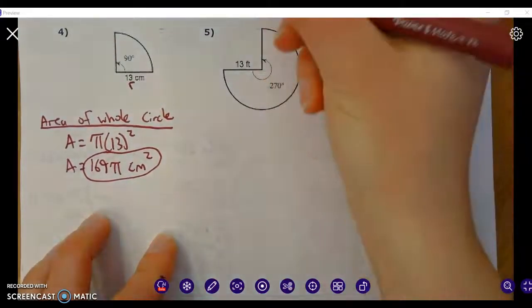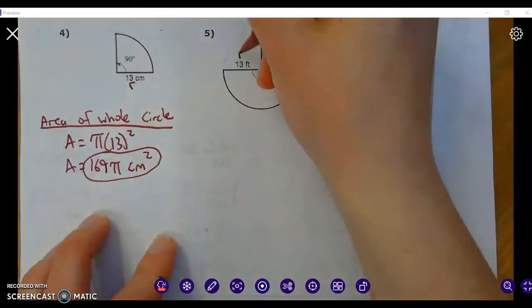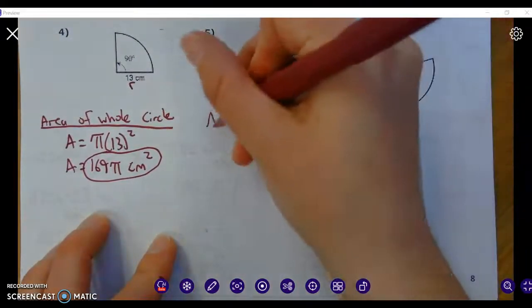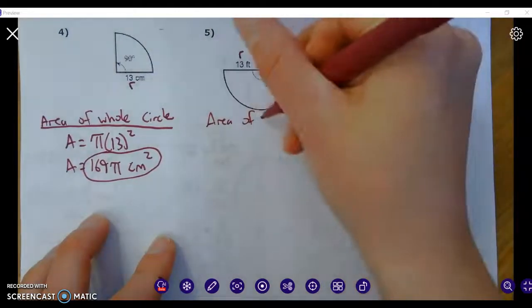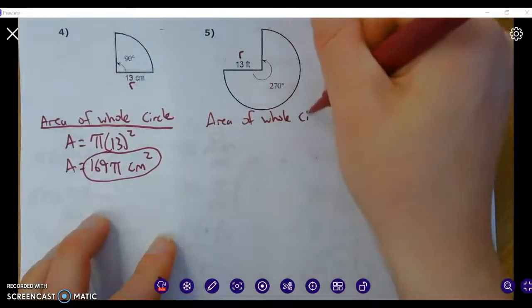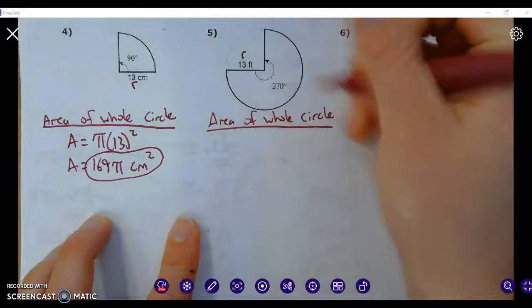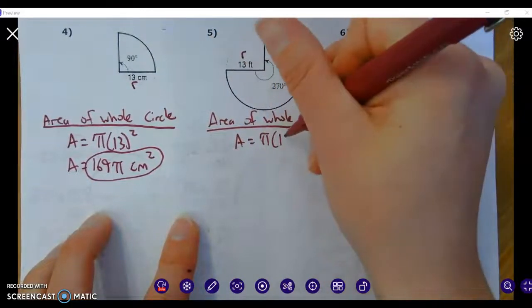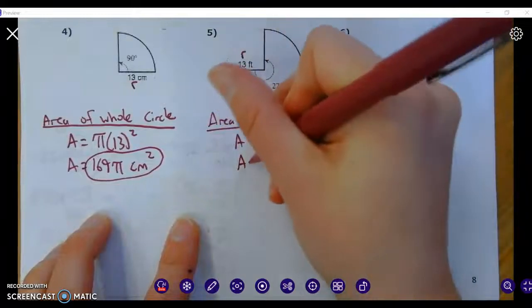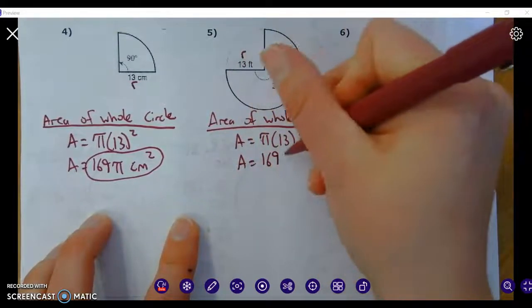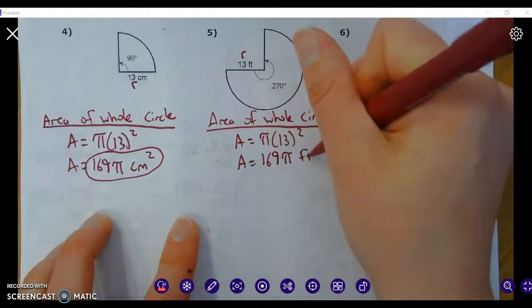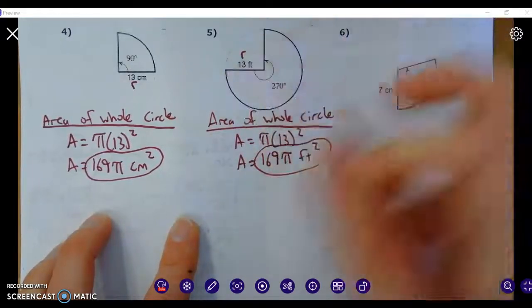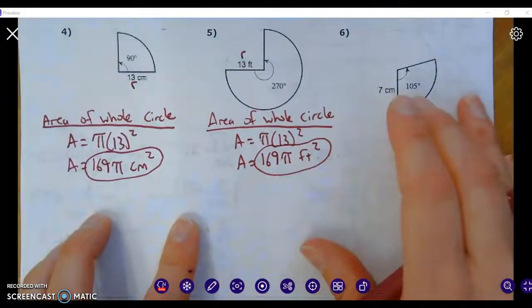Okay, so then let's go ahead and just do the rest. So our radius here is 13. And then we're going to go back and find the sections. Okay, so that was actually the same answer as this one, except now it's feet.